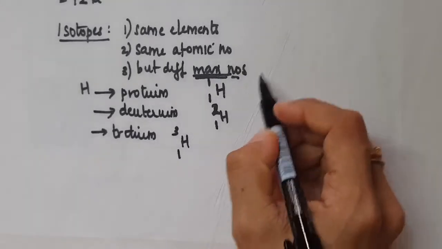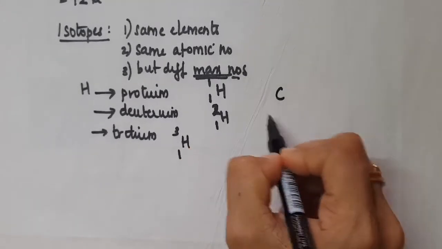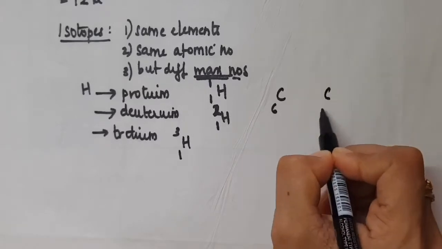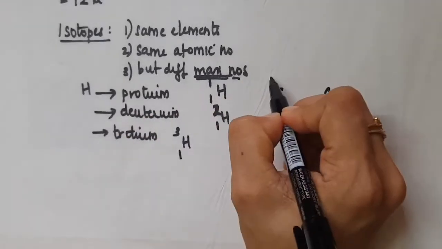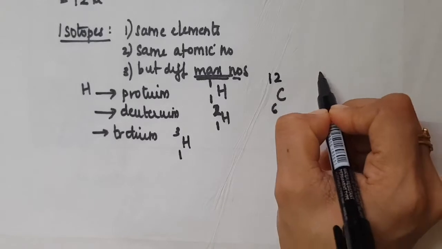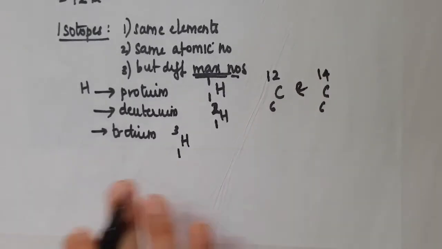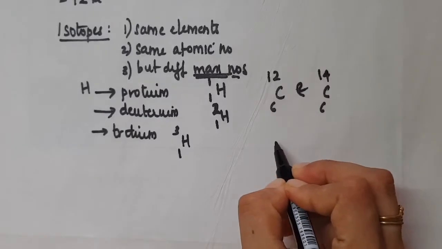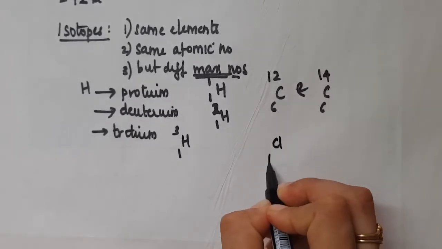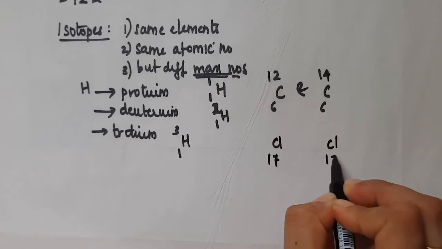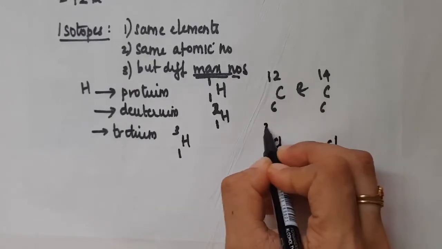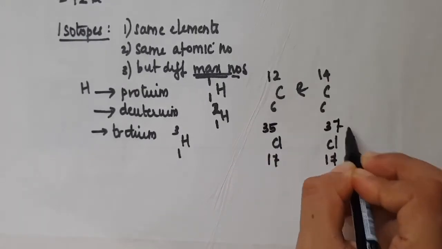Another example of this is carbon. There is carbon, the atomic number is same, okay, the mass numbers become 12 and 14, okay. And we have one more, that is chlorine, the atomic number is same for it, that is 17, but the mass numbers are 35 and 37.